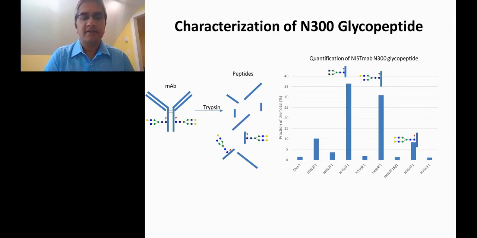The next level is looking at the actual glycopeptide that has the asparagine 300. Here, instead of just cleaving the antibody into the Fab and Fc level, you do your typical peptide map with trypsin and other proteases to break the antibody down into individual peptides and glycopeptides, and do the LCMS analysis the way you would do peptide mapping.